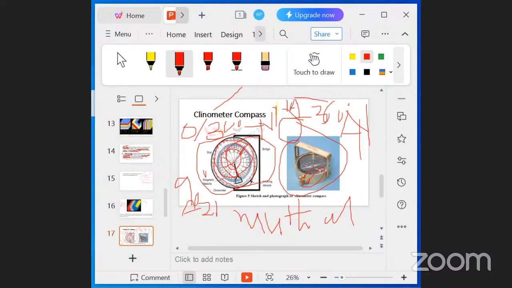So on rotation of the clinometer to the horizontal, the north marked end of the magnetic needle gives the dip direction. Now you can check your reading. The true dip and strike directions are always perpendicular to each other, right?